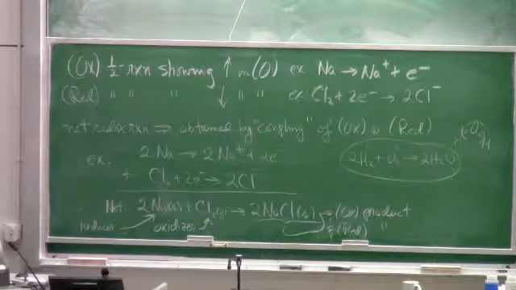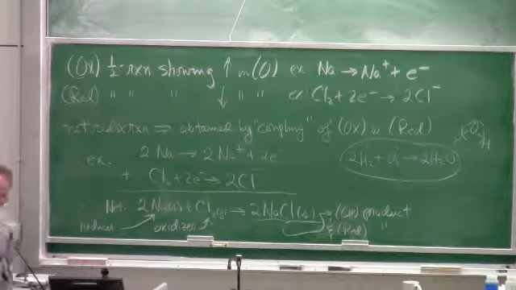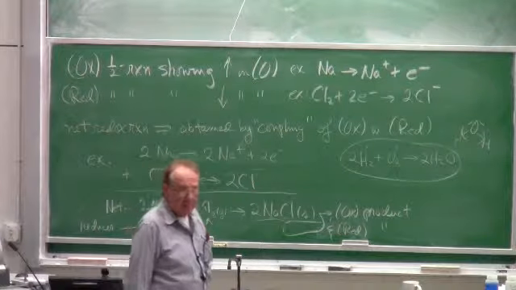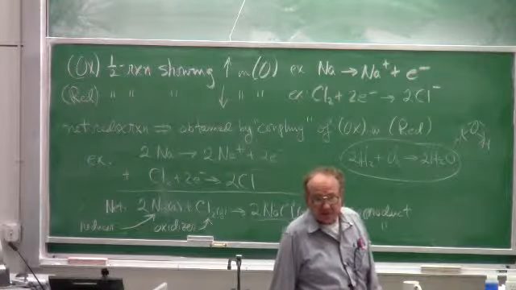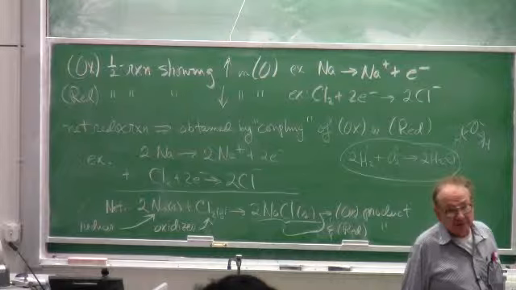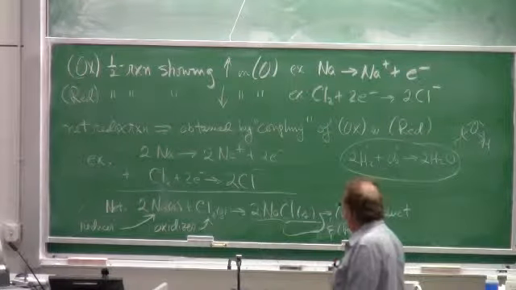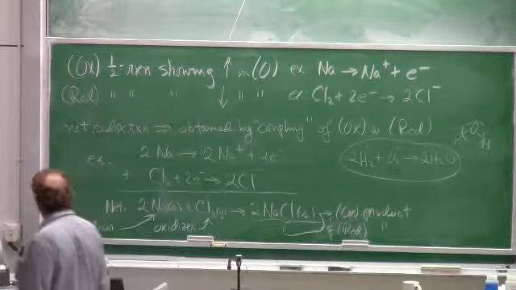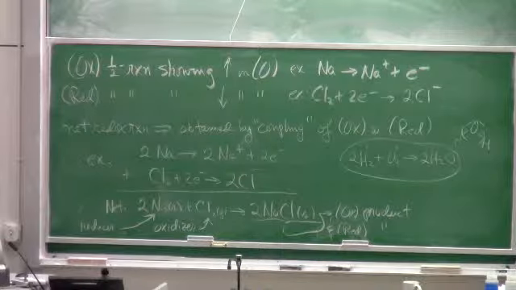Now you can get those things to react, but you're going to have to spend a lot of energy to get them to react. Like you can take sodium chloride, melt it, and turn it back into sodium element and chlorine the element by electrolysis. But you've got to put in a lot of energy to make this happen. Because you're fighting, in that case, the great stabilities of sodium ion and chloride ion respectively.